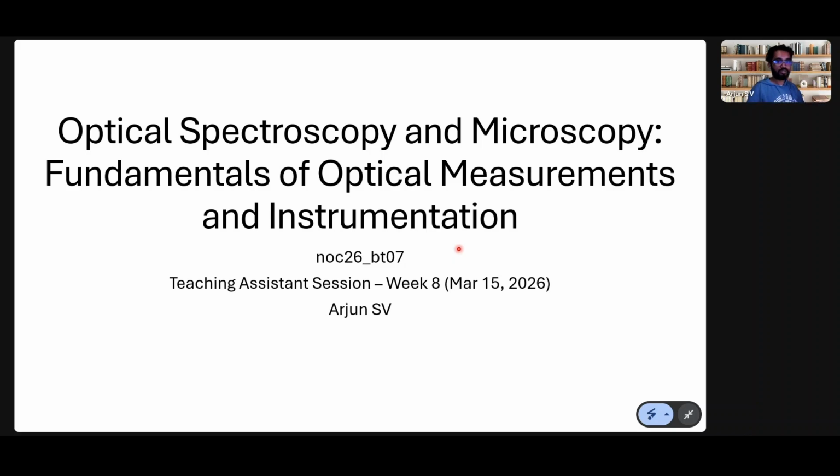In the past 7 weeks of the lectures, from the beginning of the course we were looking at quantum mechanical processes that explain optical phenomena. We were slowly seeing how processes such as absorption, fluorescence, and phosphorescence came into existence, and how we are able to explain them using quantum mechanics.